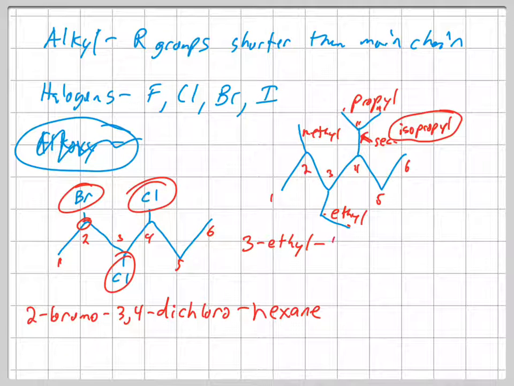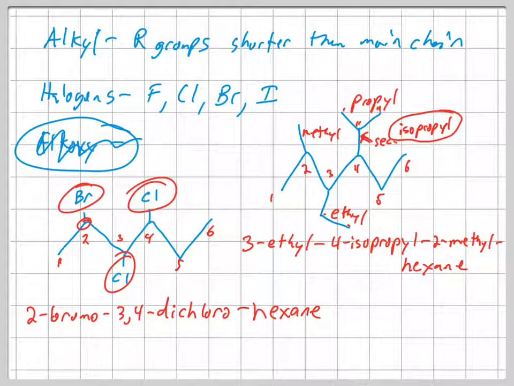So this would be 4 isopropyl. And then, so that took care of those 2 substituents. And then our last substituent alphabetically is methyl. And it'll be 2 methyl. And then the longest chain here would be hexane. And that's how you would name that one.